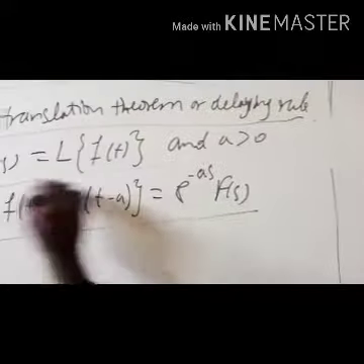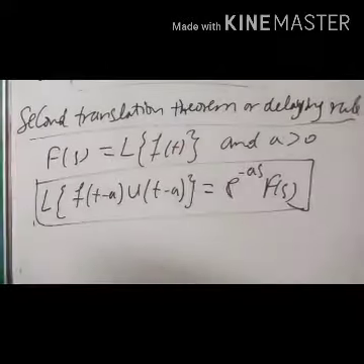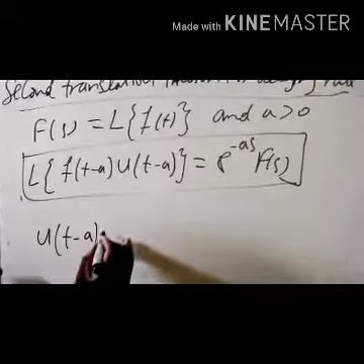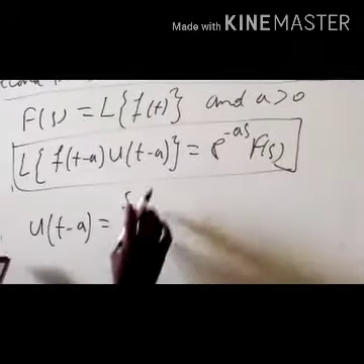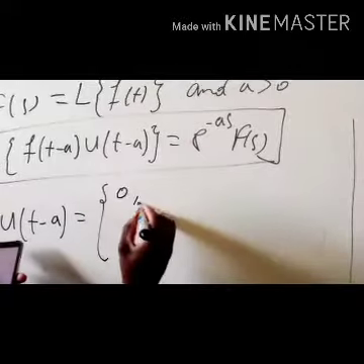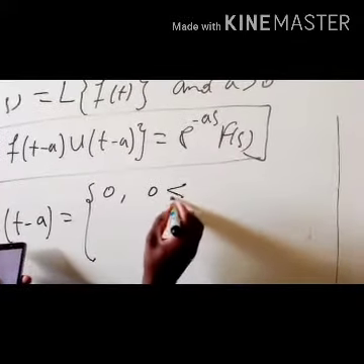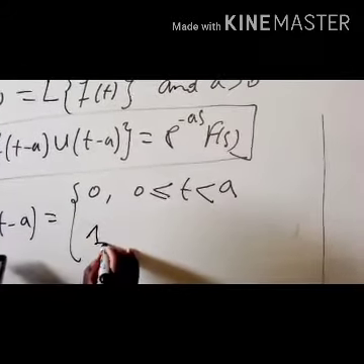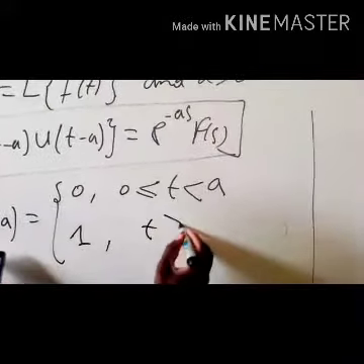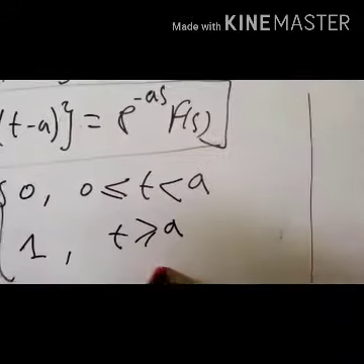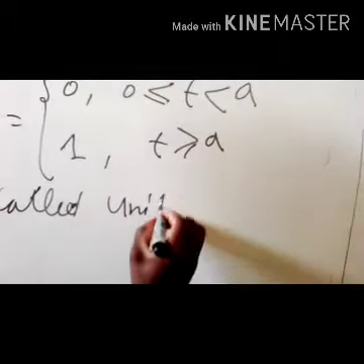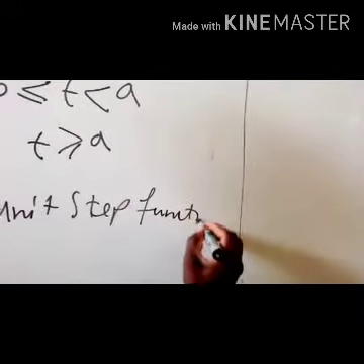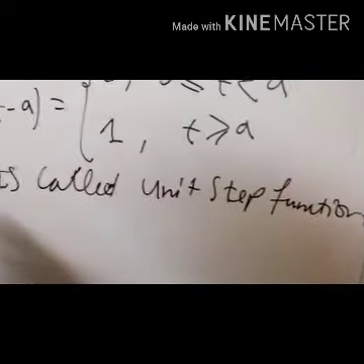This is our formula for this delaying rule. Here u(t − a) is equal to 0 if and only if 0 is less than or equal to t and t is less than a, and you get 1 if and only if t is greater than or equal to a. This is called the unit step function.